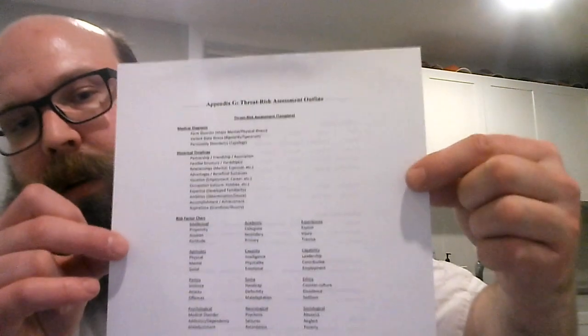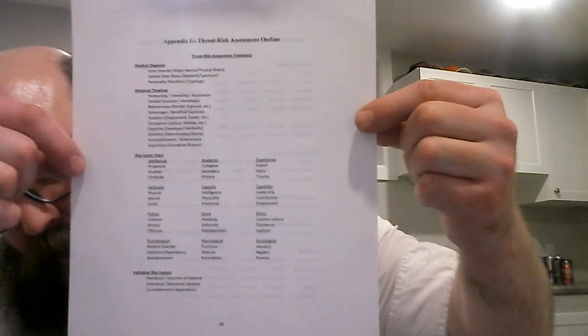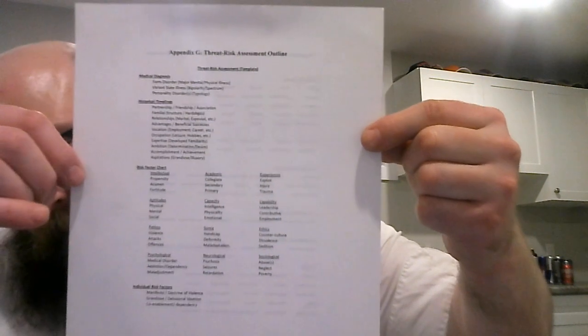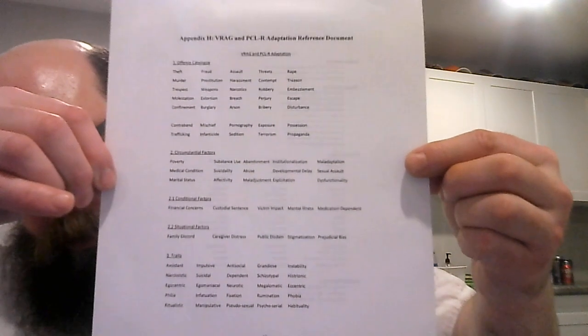The other models that are included and mentioned here, such as the VREG, the PCLR, HCR20, and other threat assessment models, are published, accredited, and all of these models are based off of the evidence that was collected in the creation of those accepted models. With that, we can just go ahead and continue on.